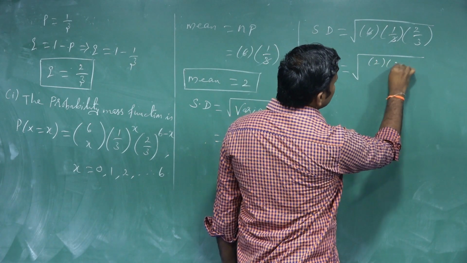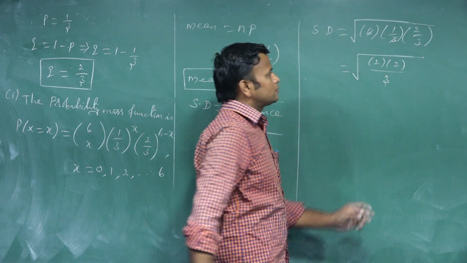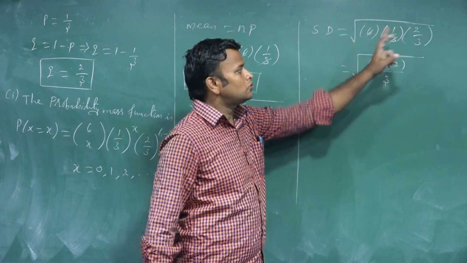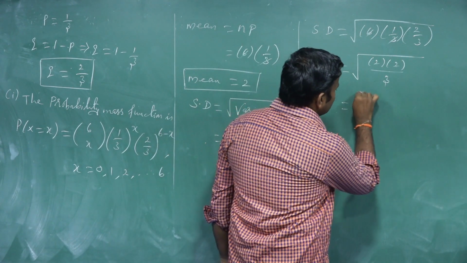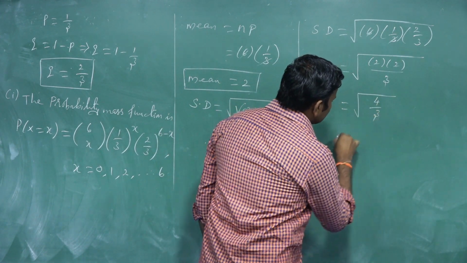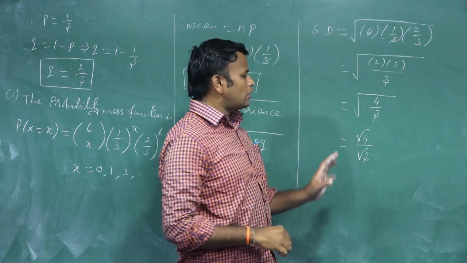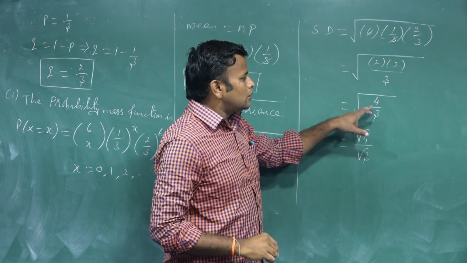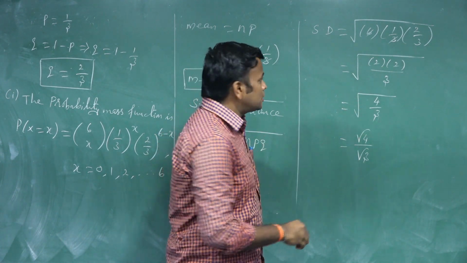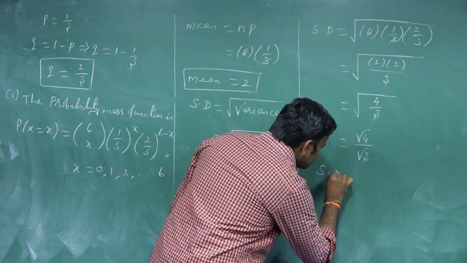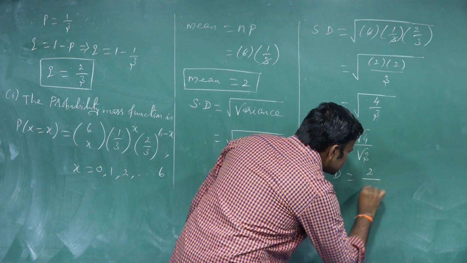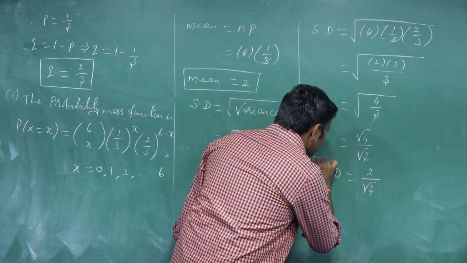So the remaining is 2 into 2 by 3. 2 times 2 is 4 by 3. Square root of 4 by 3. Root 4 value is 2. So I write root 4 by 3 as root 4 by root 3. So the standard deviation value is 2 by root 3.